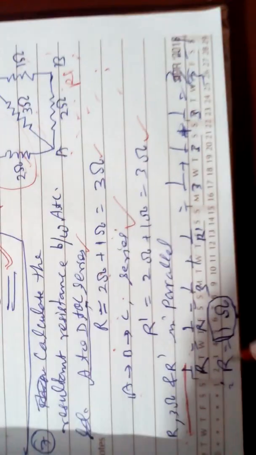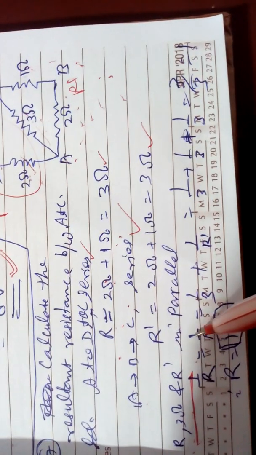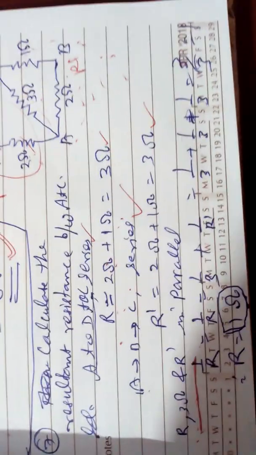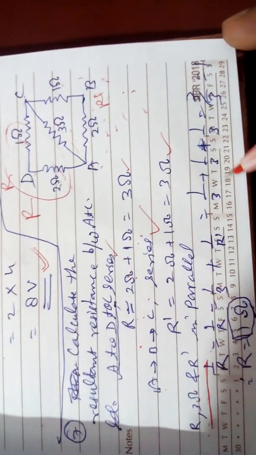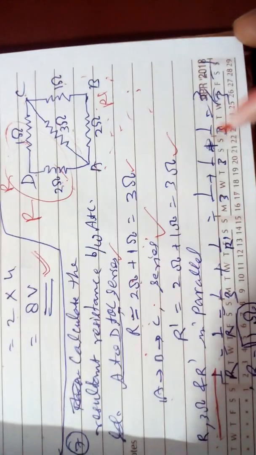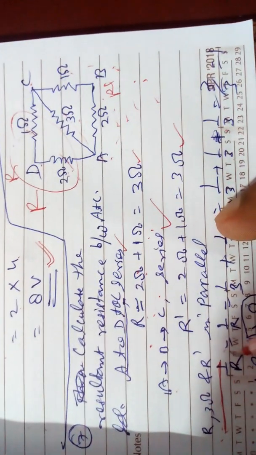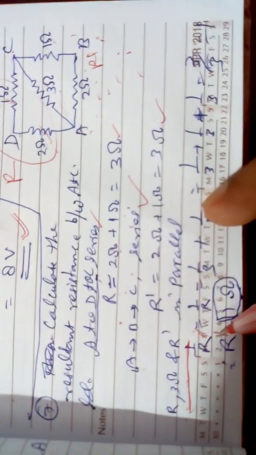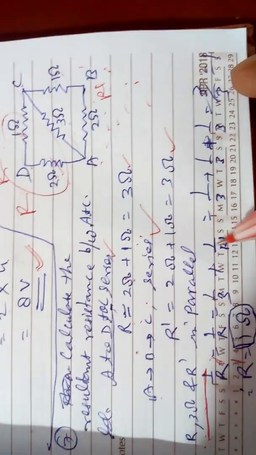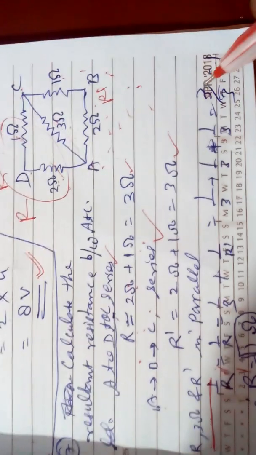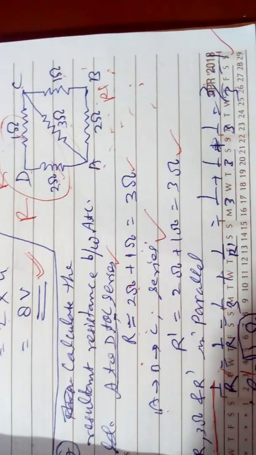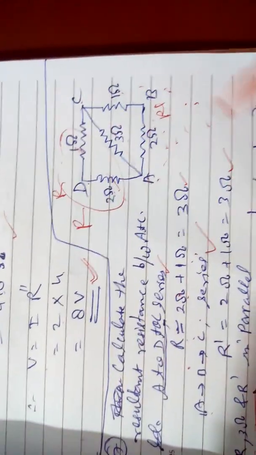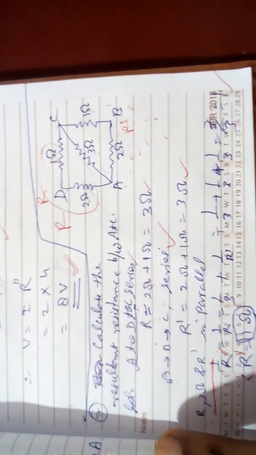In that case, 1 upon R double dash equals 1 by 3 plus 1 by 3 plus 1 by 3, that is 3 by 3, which is 1. Therefore, the resultant R double dash of this total is 1 ohm.